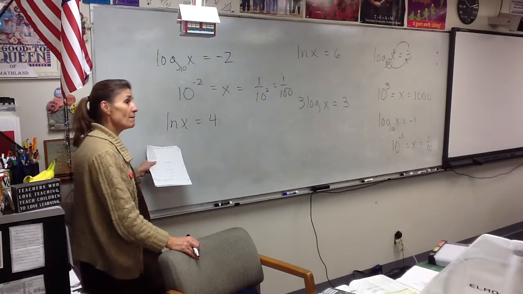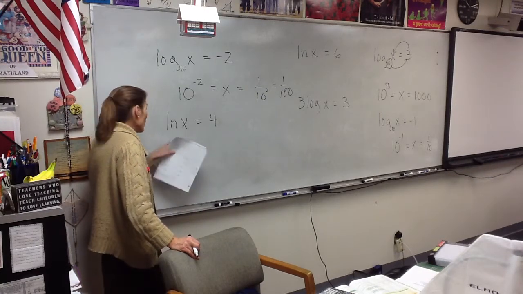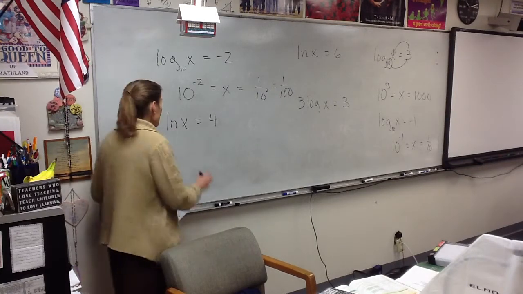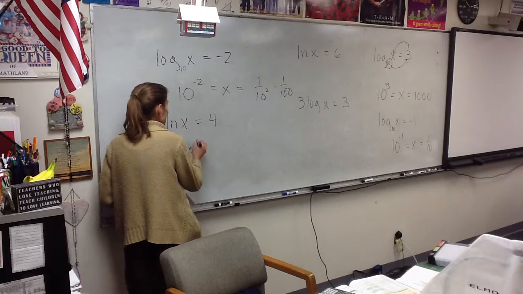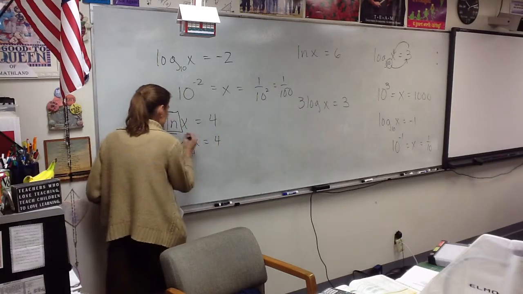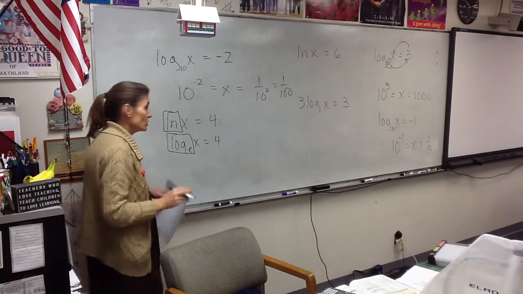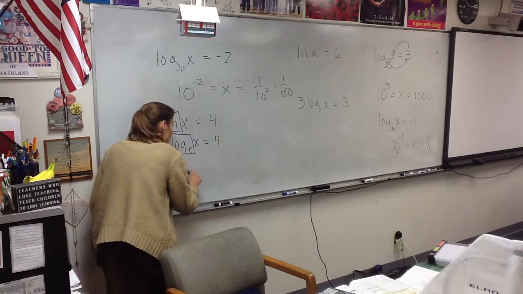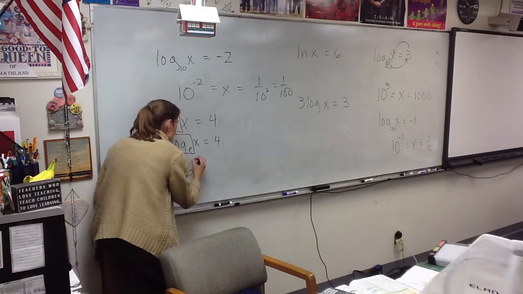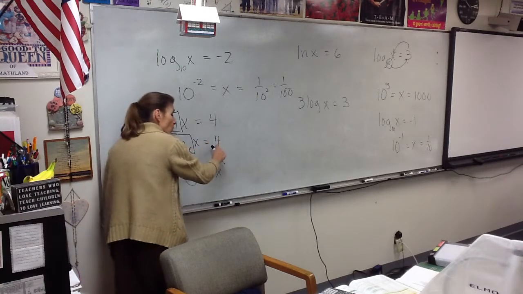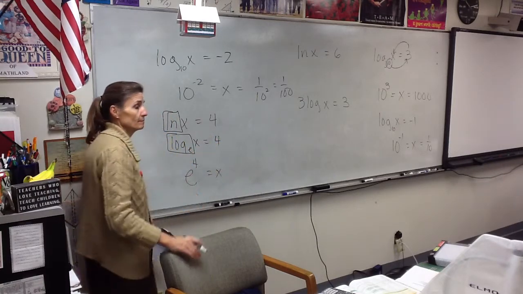Now, what about this? What does this mean? Don't put a 10 in this problem. This means the log base e. So how is this one going to translate? e to the 4th equals x.